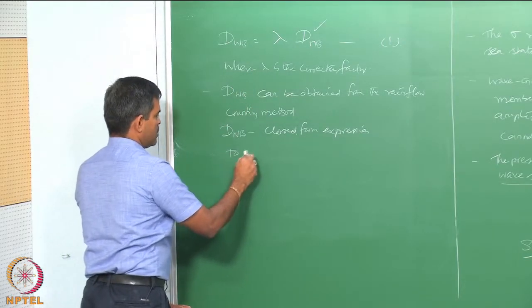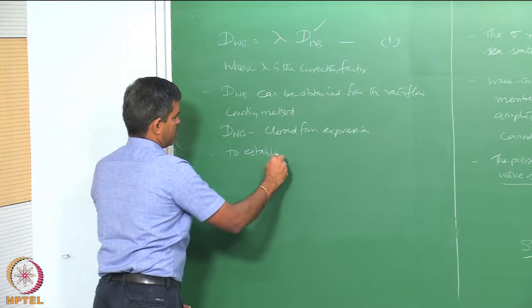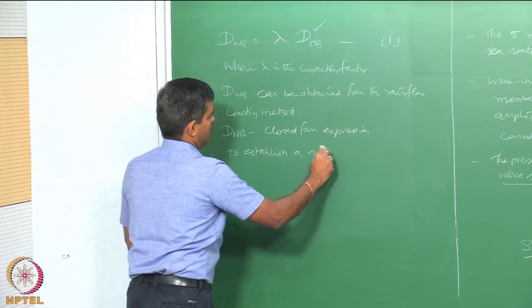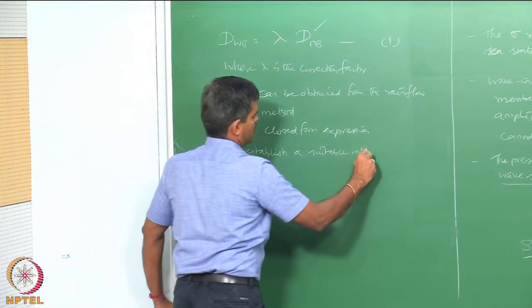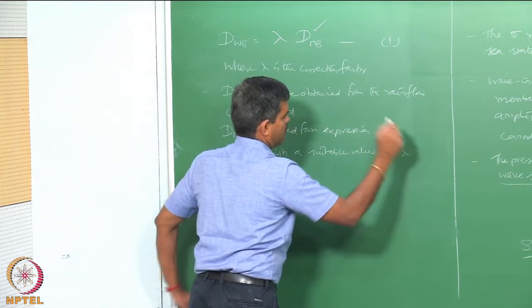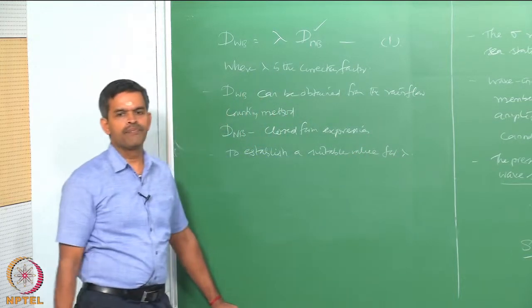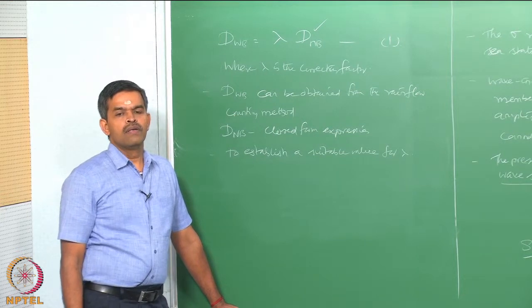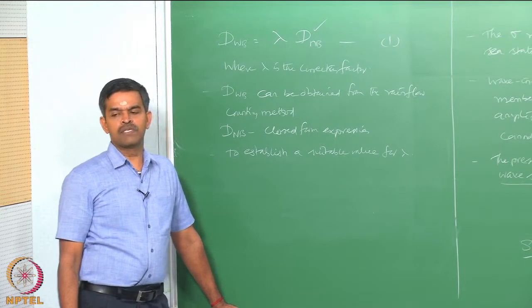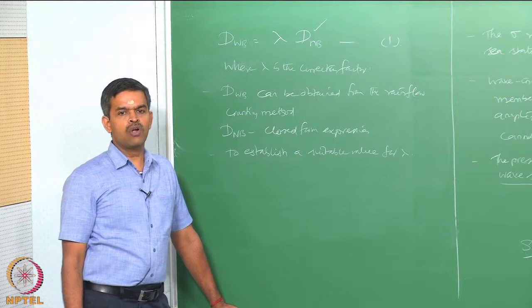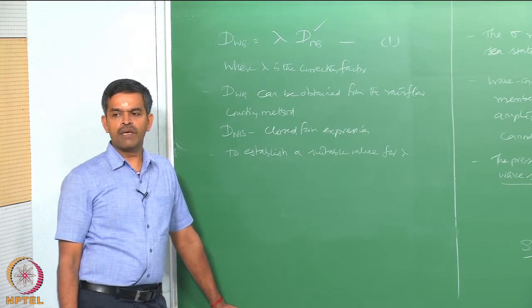Now, the discussion is to establish a suitable value for lambda. There are very few spectral shapes which have been considered, based on which lambda can be computed.